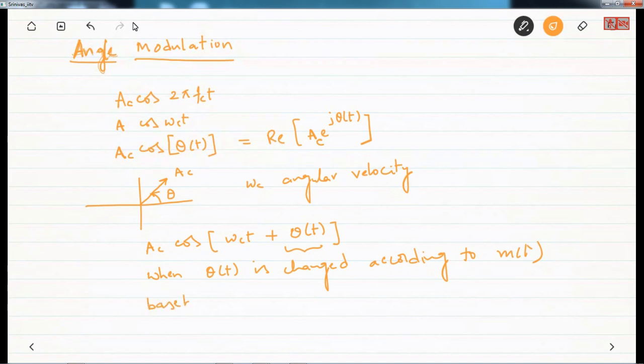M of t is the baseband signal or the information signal. Then AC cos of omega ct plus theta of t is said to be angle modulated.